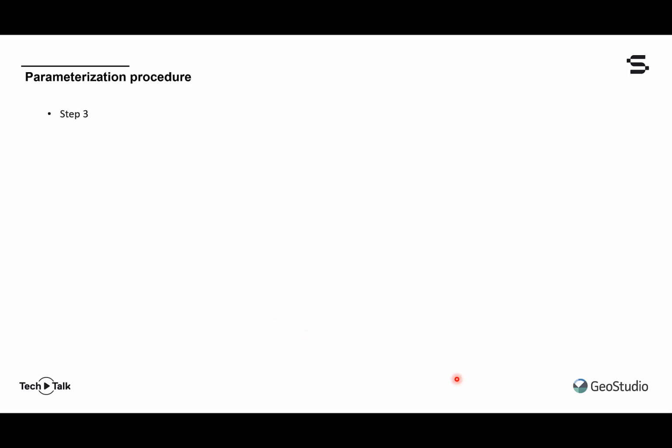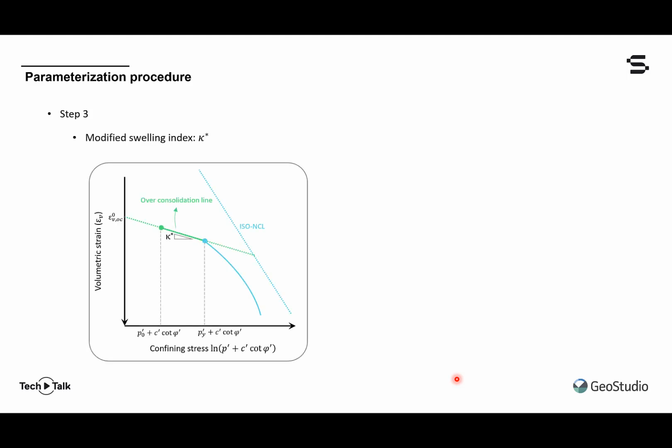The third step is to determine the modified swelling index, or the slope of the overconsolidation line. The trends of the measured values of p prime and the accumulated volumetric strain, epsilon subscript v, in the overconsolidated portion of the graph can be fit by a straight line.